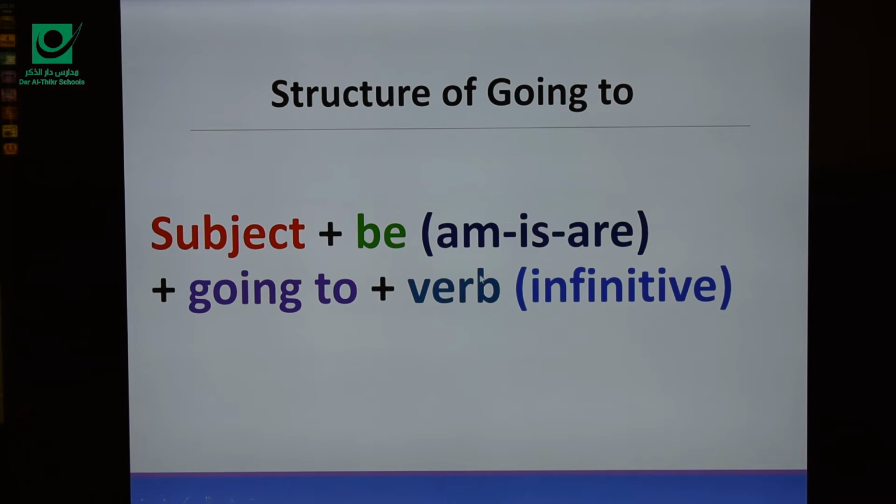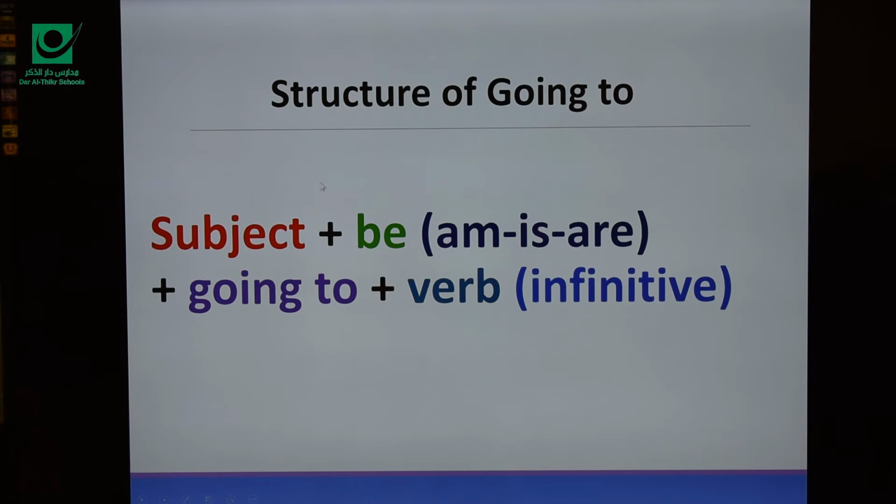The structure of going to: subject, plus verb to be: am, is, are. I am, he, she, it is, we, you, they are, plus going to, plus infinitive, plus bare infinitive.